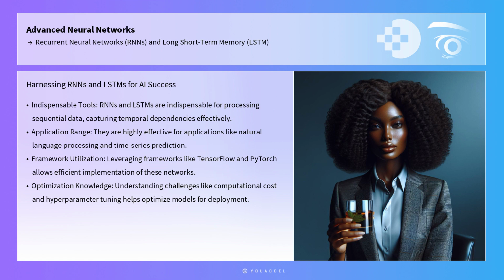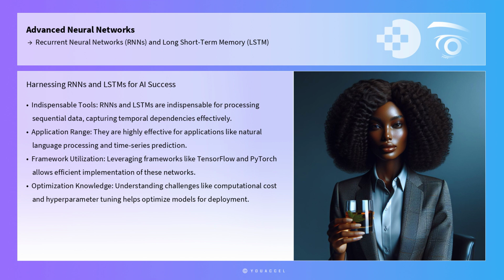In summary, RNNs and LSTMs are indispensable tools in the toolkit of AI professionals, offering unique capabilities for processing sequential data. Their ability to capture temporal dependencies makes them highly effective for a wide range of applications, from natural language processing to time series prediction. By leveraging modern frameworks like TensorFlow and PyTorch, professionals can implement these networks efficiently and effectively.